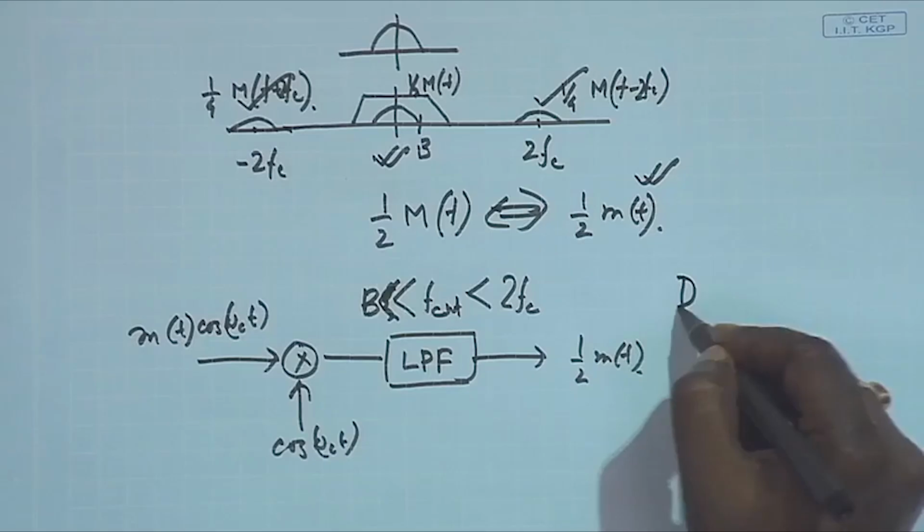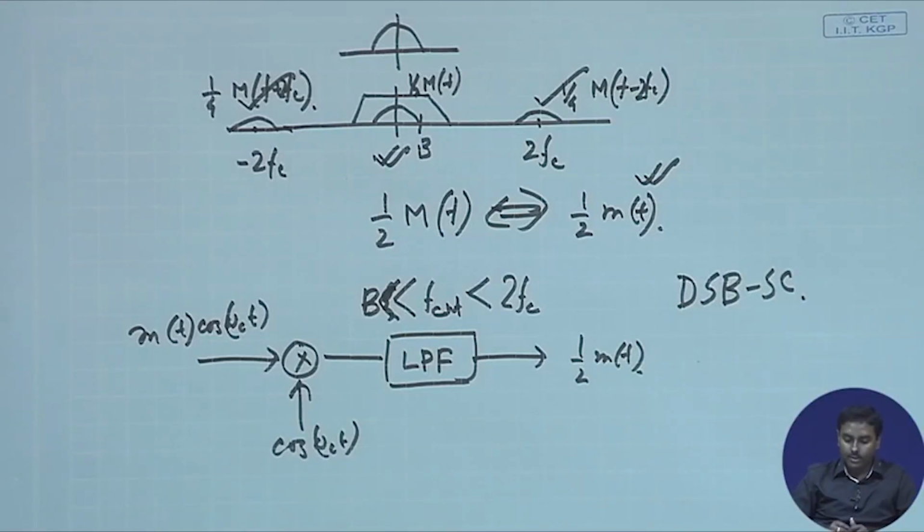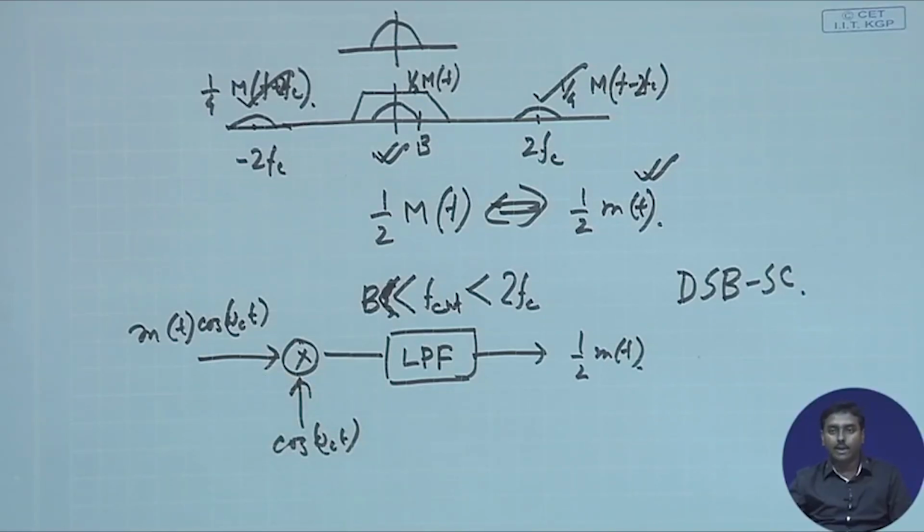So basically your modulator and demodulator is now ready for this DSB SC. Of course we still have not characterized what this multiplier circuit will be, how I achieve a multiplication. But we have now understood that if I know how multiplication has to be done, I need a multiplier circuit followed by a low pass filter that will make my demodulator. In the modulator I need just a multiplier circuit, nothing else.